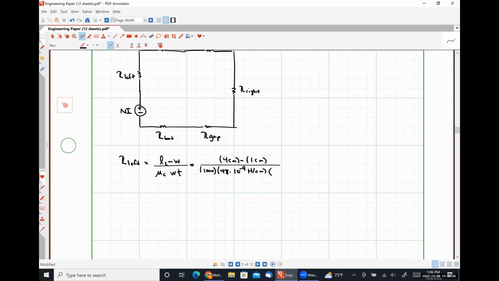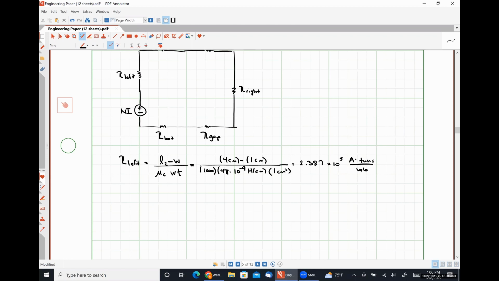And then 1 times 1 is 1, and so I'm just going to call this 1 centimeter squared. If I put this in my calculator, I get 2.387 times 10 to the 5 amp turns per Weber.